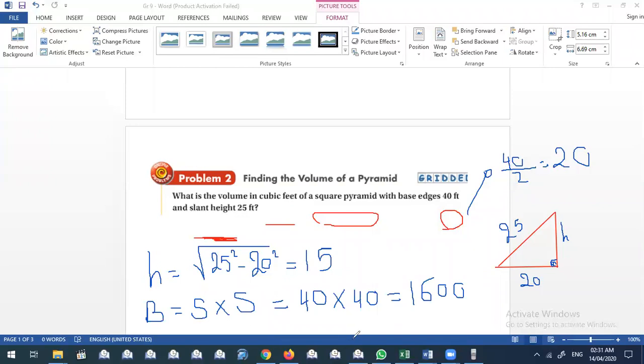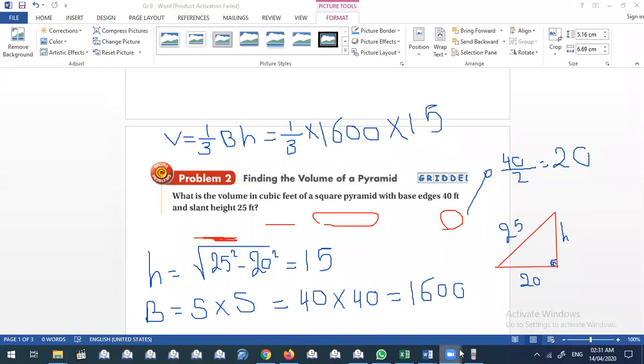We can find now the volume of this pyramid. The volume will be one third BH according to our rule. So it will be one third times our base area, 1,600, times the height, which is 15.